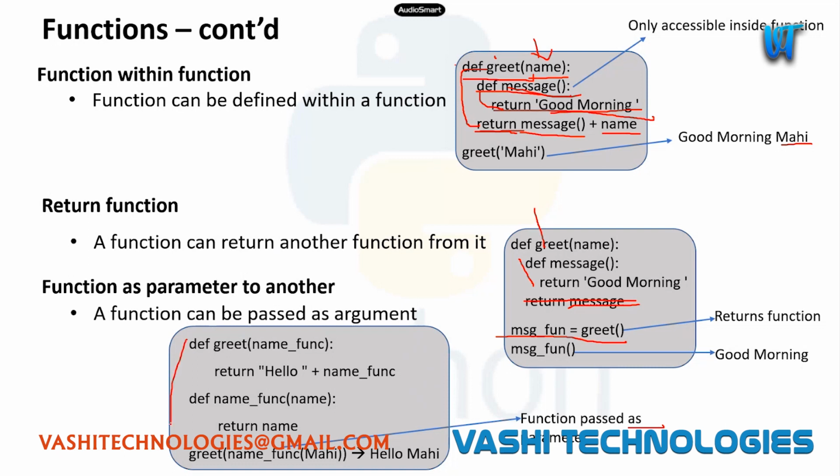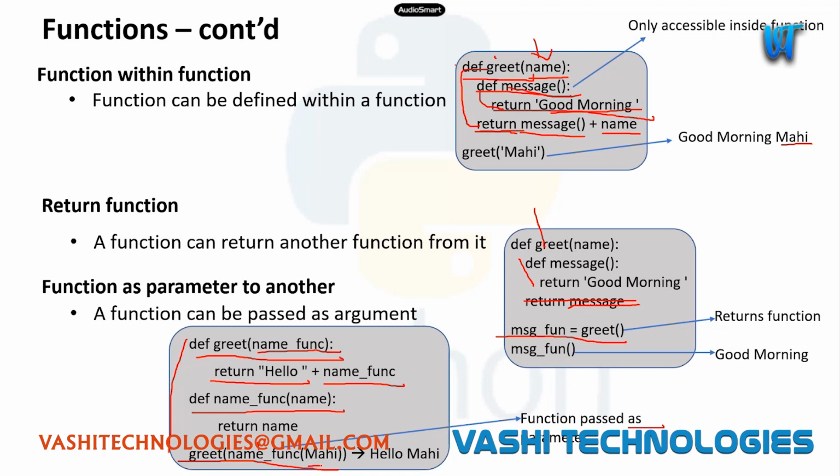I will be taking the same example, which is a greet function, right? This greet function is expecting a name function. This is the name function, and we are passing the name function into the greet function, and the return value is hello plus name function. We are executing this name function as is, right? And the name function is just returning the name which we are passing to it. And if you see the third line, I'm calling the greet function and I'm passing this name function inside the greet function.